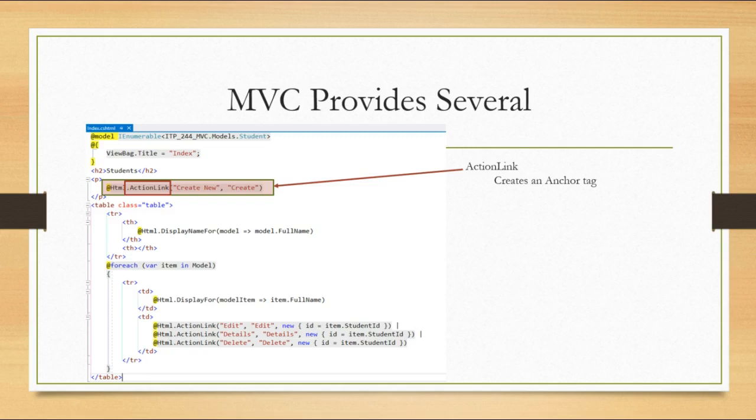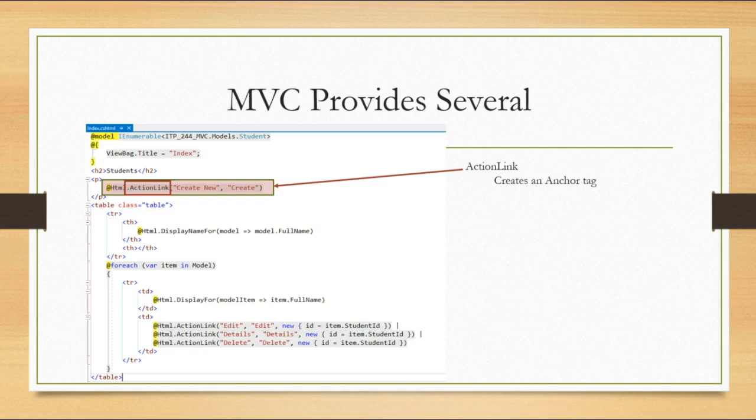An action link creates an anchor tag, which is a link to another page. In this example, it's a link with the phrase "create new" that will display in the web page, and then it will redirect the user to the create action in our controller.